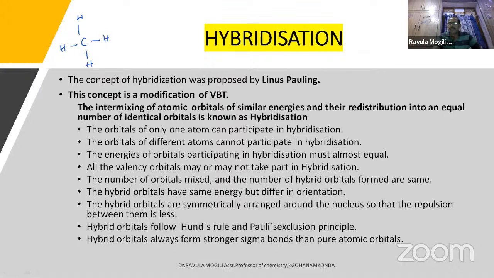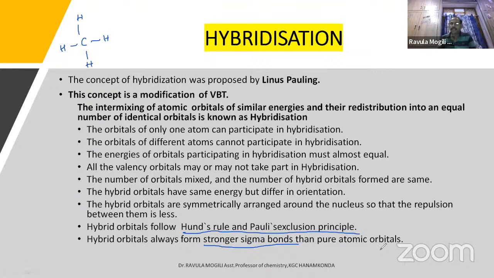Hybridized orbitals follow Hund's rule and the Pauli exclusion principle for the filling of hybridized orbitals. These are very important. Hybrid orbitals always form stronger sigma bonds than pure atomic orbitals.